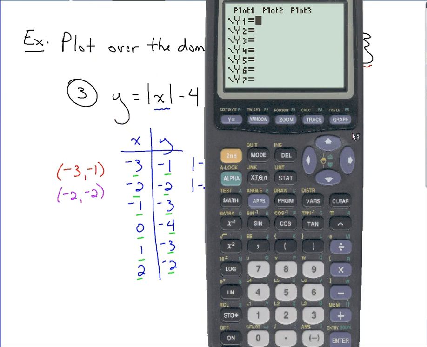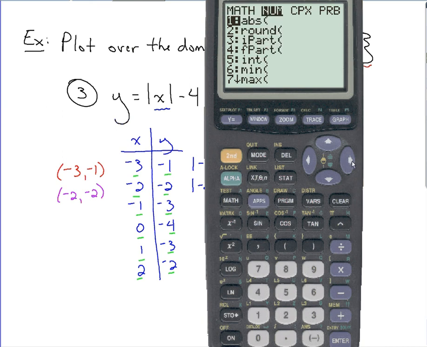To call up the absolute value on your calculator, you can go to the math key down here on the left side. If you scroll to the right along the top, where it's the number option, there's your absolute value right there. This can vary from calculator to calculator, but this is pretty consistent on the TI-83 and the TI-84. So I want to call up the absolute value. I hit enter.